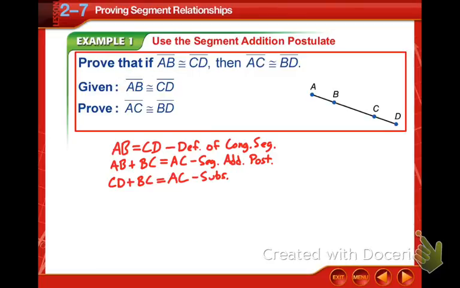And then, again, off of segment addition, we know that CD plus BC is equal to BD. So this is, again, the segment addition postulate.